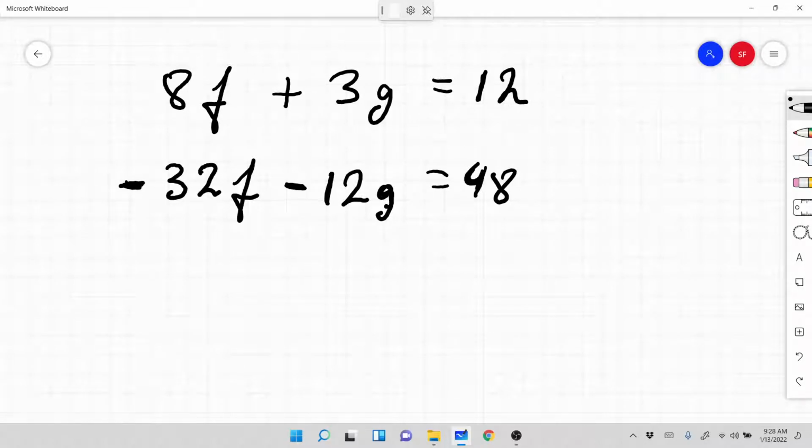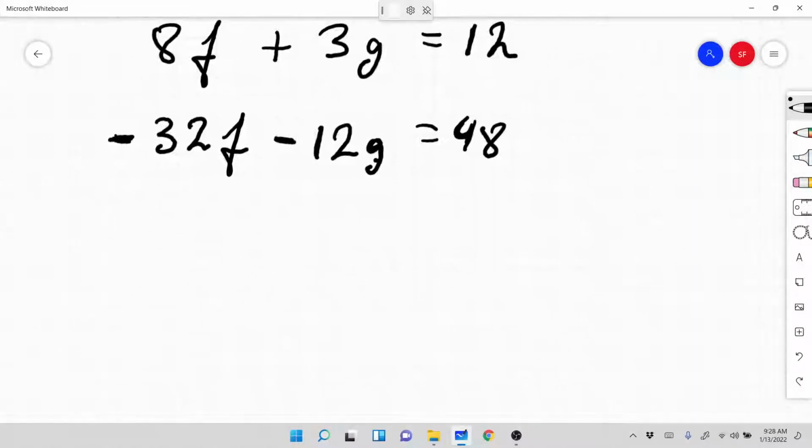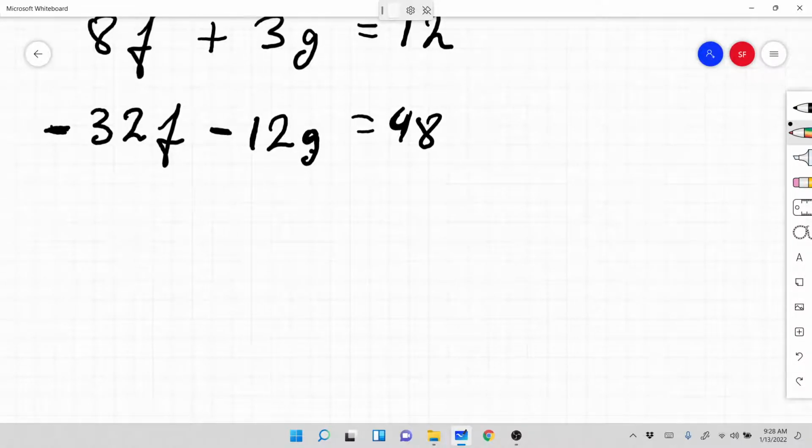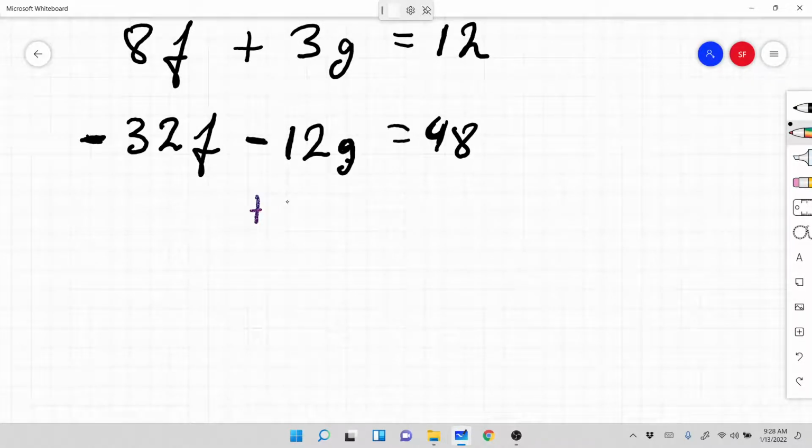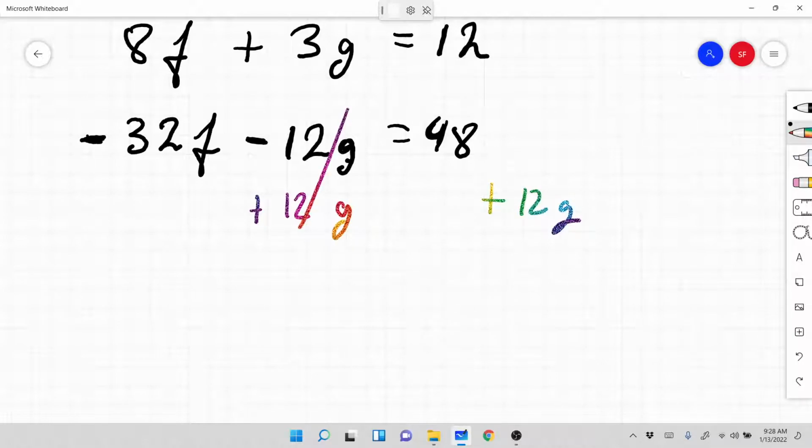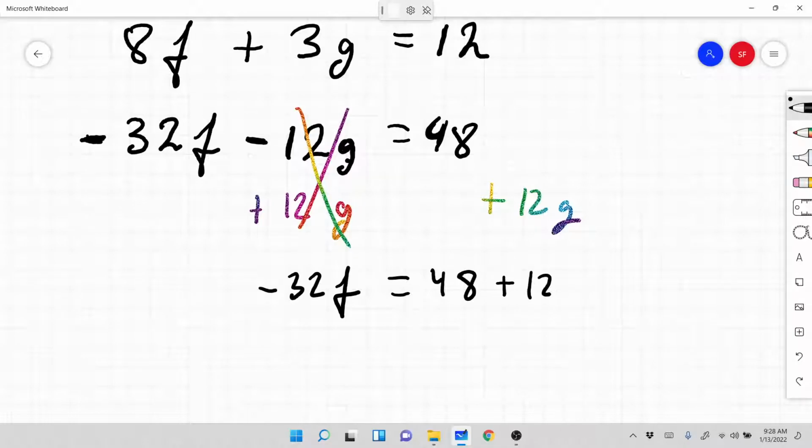What did you solve for? It's because we'll pick the same starting place. I started with the bottom one, and you solve for F. Okay, so solving the bottom one for F, we shall add 12G, right? Yep. Negative 32F equals 48 plus 12G.